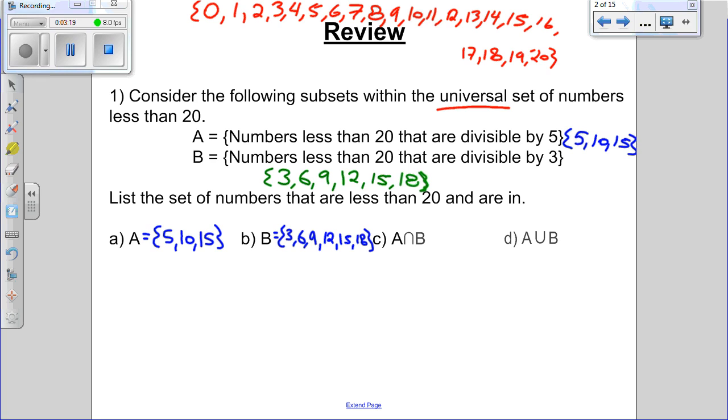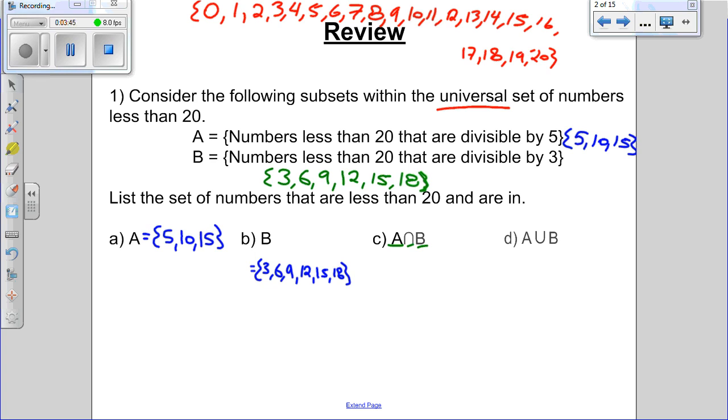C and D are where things actually start to get a little interesting because we need to remember what things are asking us. So if you go to read question C, those symbols mean something. When you read it, it's saying all the things that are in set A and set B. Remember, the upside down thing means and.